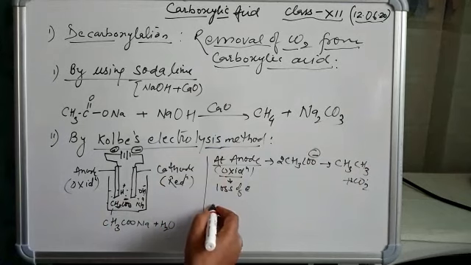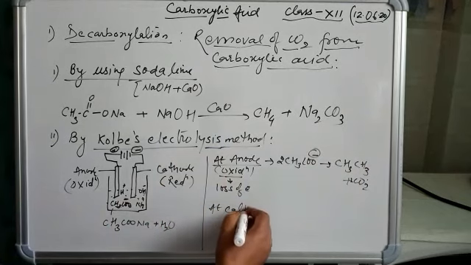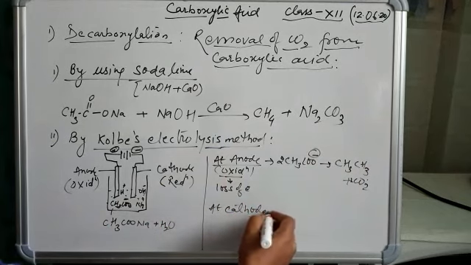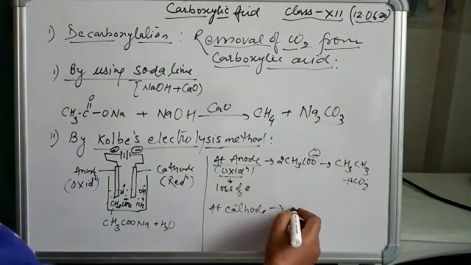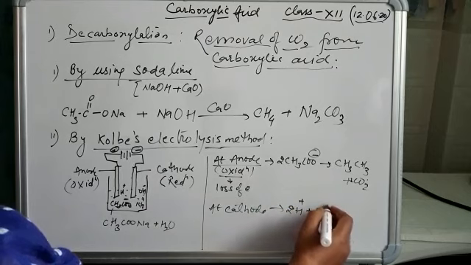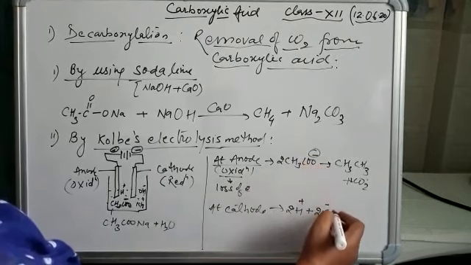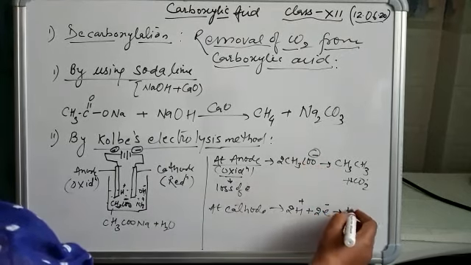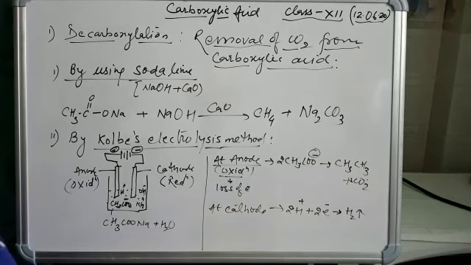And at the cathode, reduction takes place. 2H plus ions from the water take the 2 electrons lost by the acetate ion, and the formation of H2 gas takes place. And sodium hydroxide remains in the solution.